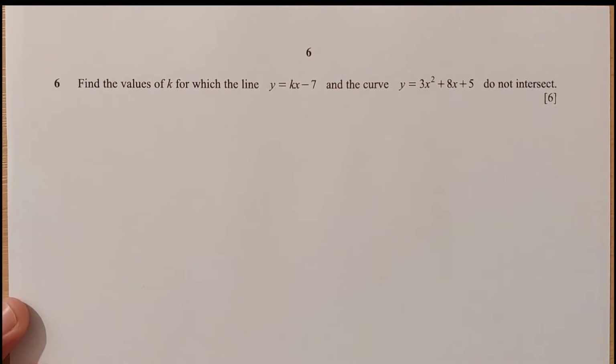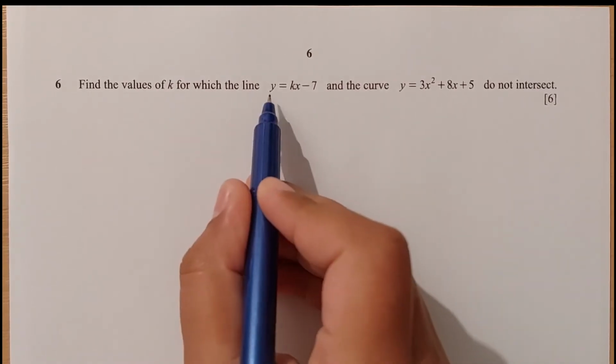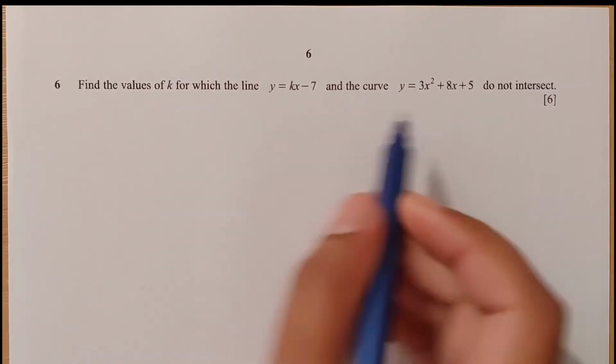Question number 6, find the values of k for which the line and the curve do not intersect. Okay, so for what values of k do the line and the curve not intersect? So let's find the values of k. First we need to equate the y.